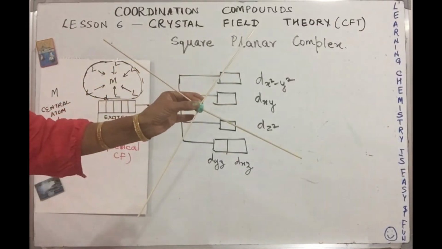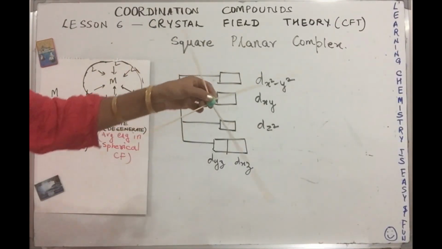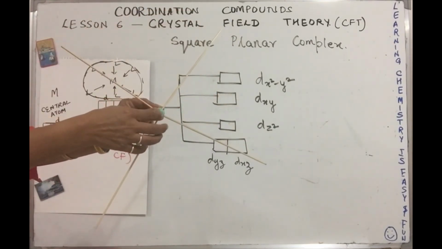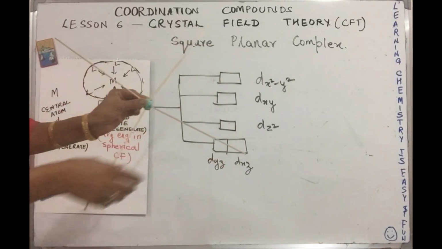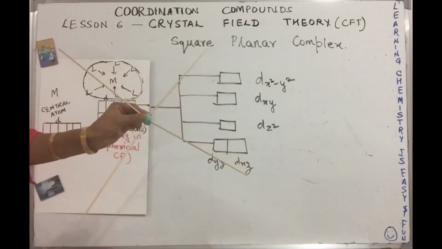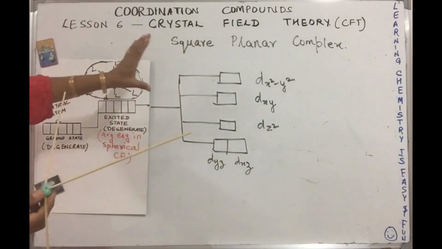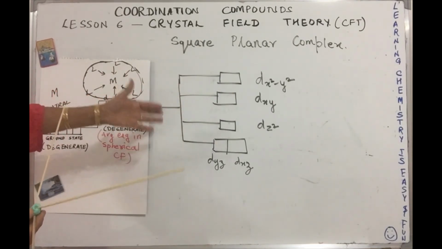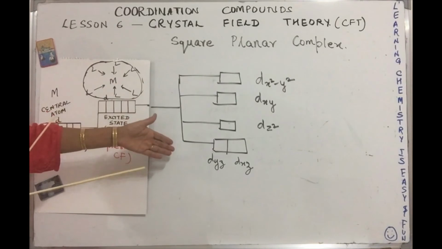Square planar, right? The spikes are in the form of a square. So we have the central metal atom, we have the ligands at the four corners of a square. Now the splitting of this is a little more complex, so we do not usually deal with this at the senior secondary level.